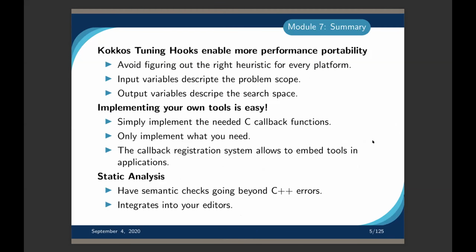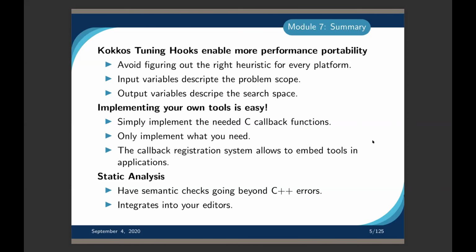We talked a bit about the Kokkos tuning hooks, the auto-tuning hooks, and how that enables you to get more performance portability out of your codes. We talked about how you can implement your own tools, and how it's relatively straightforward by just implementing a couple of C callback functions, and only the ones you actually want. You can use that to write throwaway debugging tools, for example.